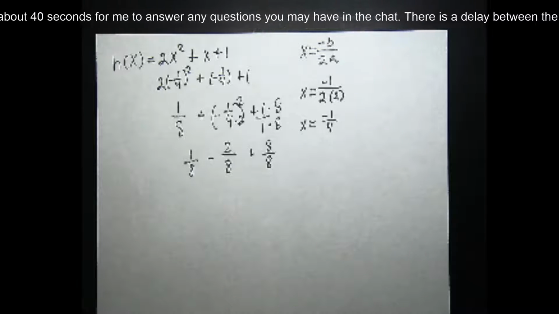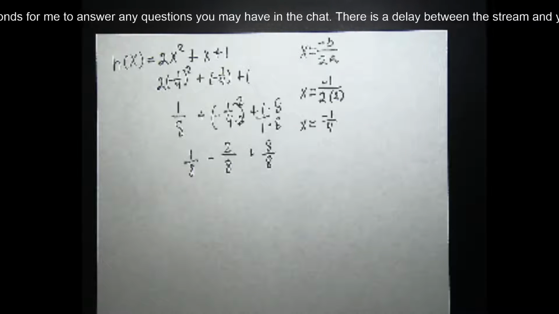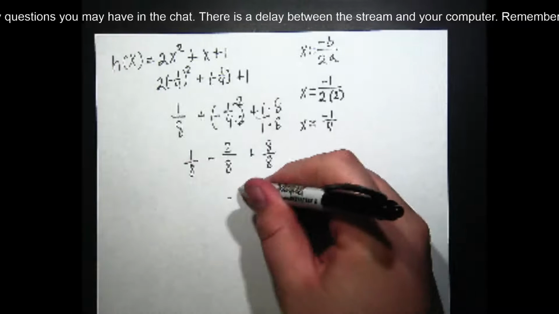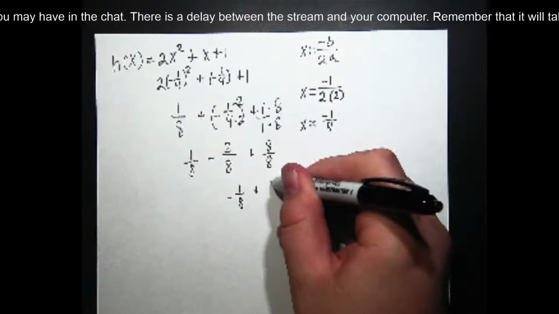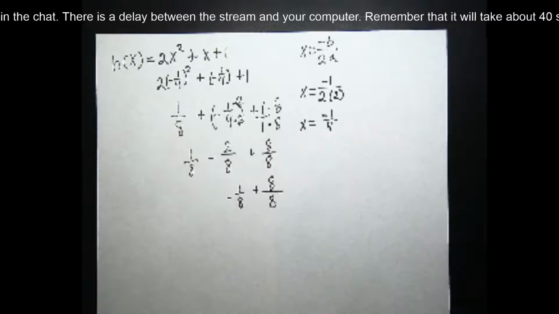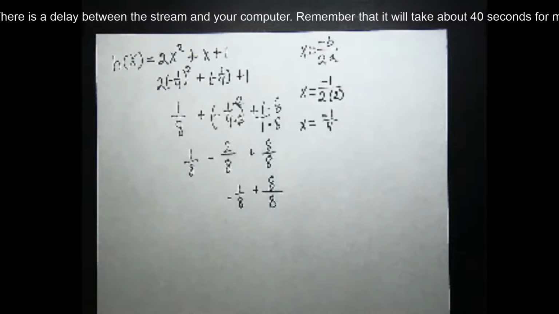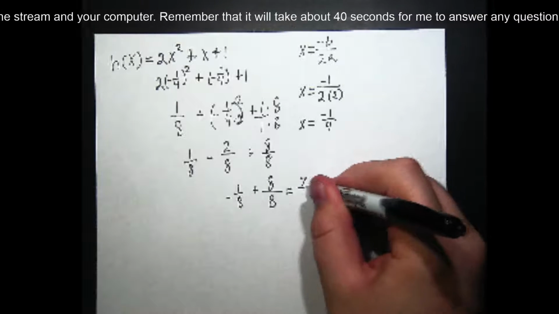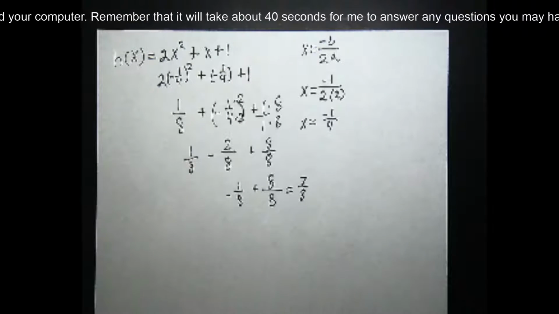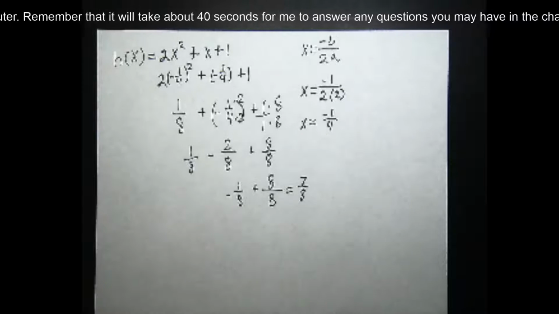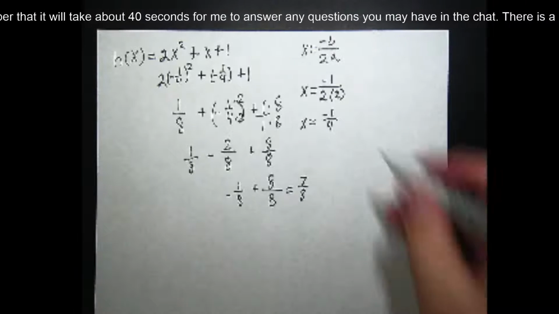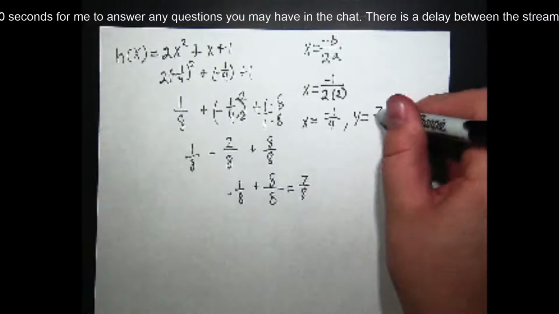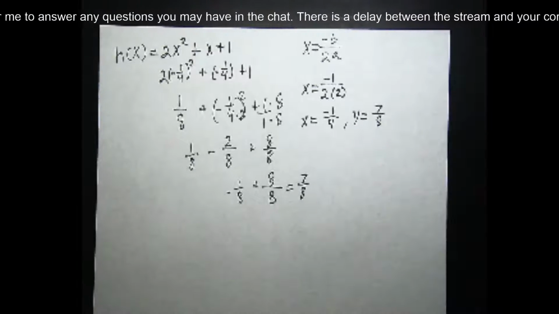All right, so 1/8 minus 2/8 is negative 1/8. And so what we get there is 7/8. So the x portion of our vertex is negative 1/4. The y portion is 7/8. Not the easiest thing to graph, but it's possible.